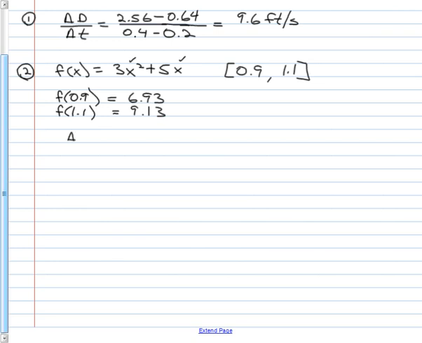We're wanting delta y over delta x again. So our change in y, our answers, final minus initial, 9.13 minus 6.93. And our change in x is 1.1 minus 0.9.